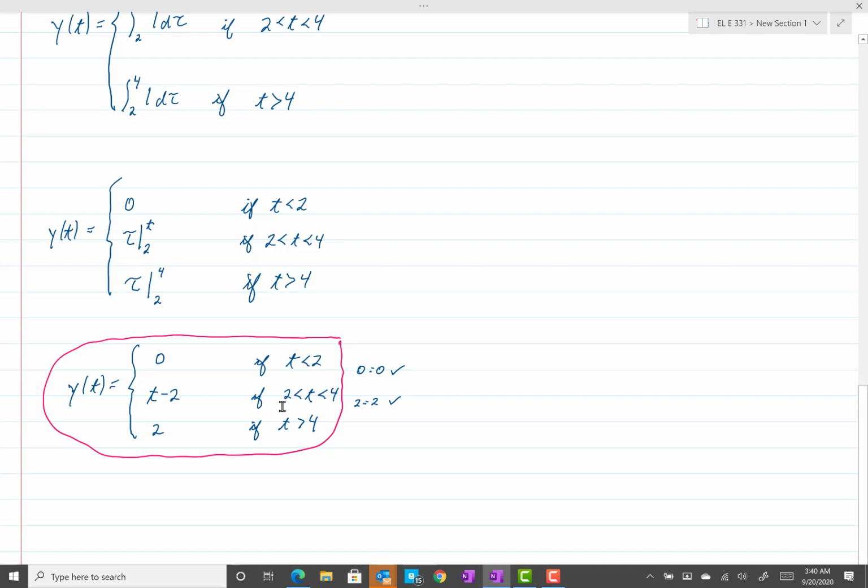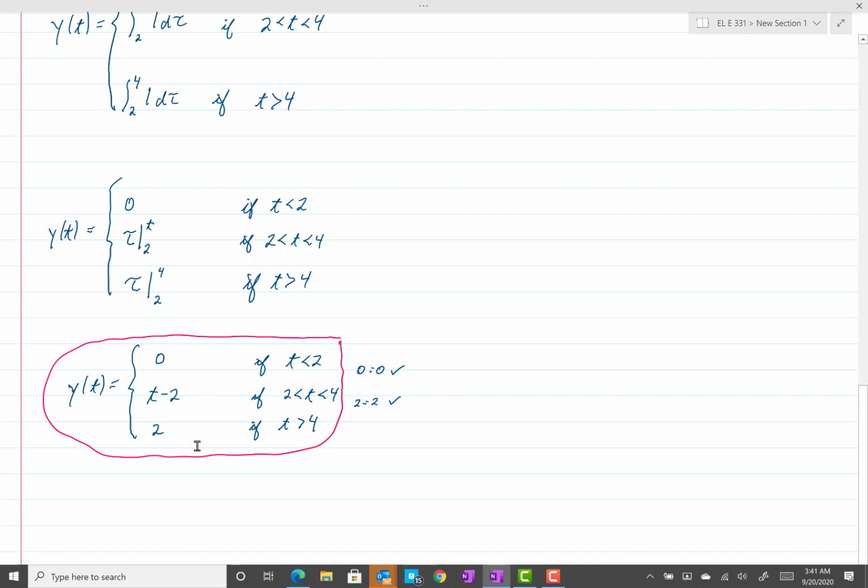And notice again, we can check for continuity where these regions join. The first two regions join at t equals 2, and at t equals 2, this is equal to 0, and this is also equal to 0. So there's continuity there. And then the second two regions touch each other at t equals 4, and at t equals 4, this expression is equal to 4 minus 2, which is 2, and this expression is equal to 2, so again, we have continuity.